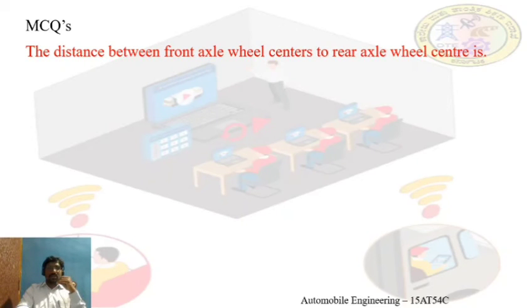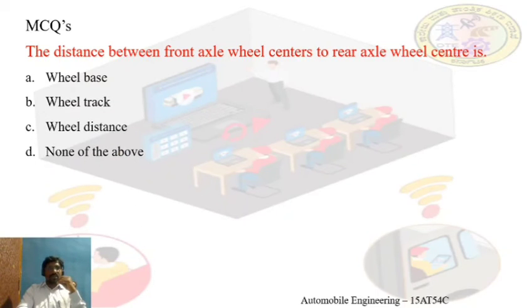If you see the first question, the question is: the distance between the front axle wheel center to the rear axle wheel center is. You need to read it carefully. Here we are asking the distance between the front wheel center and the rear wheel center.